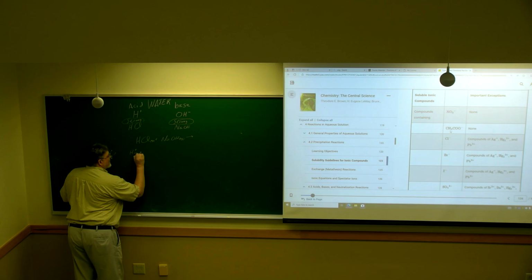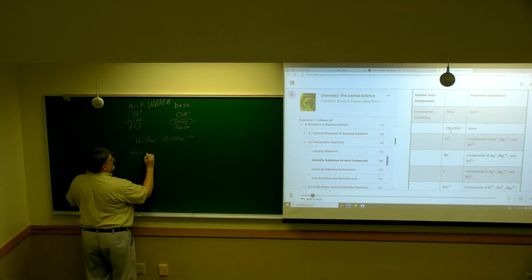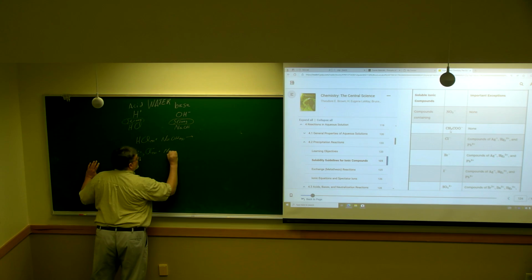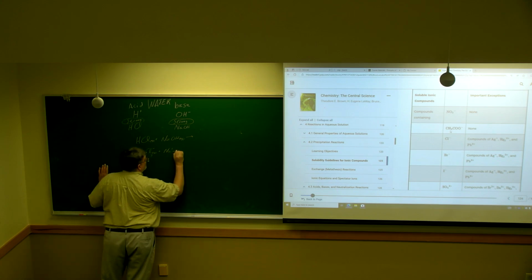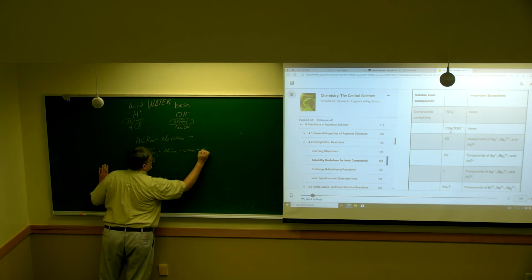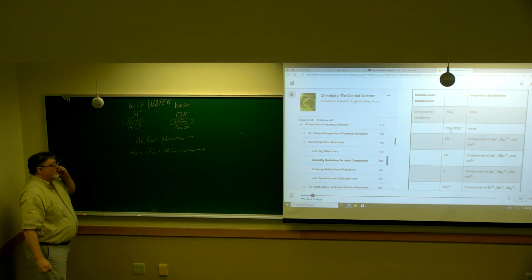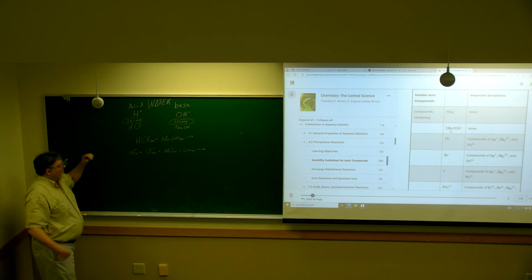So I should say AQ here as well. Cl minus AQ, Na plus AQ. And I haven't done the other side of the equation yet, but I think it'll look obvious when I do. So I would say this is the complete ionic equation.